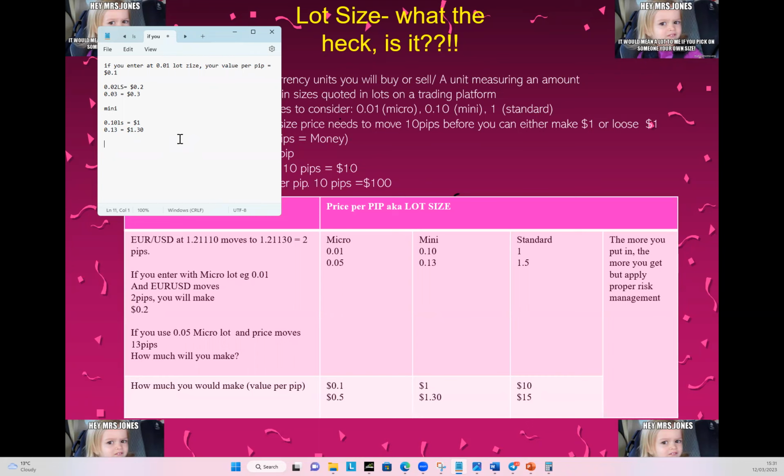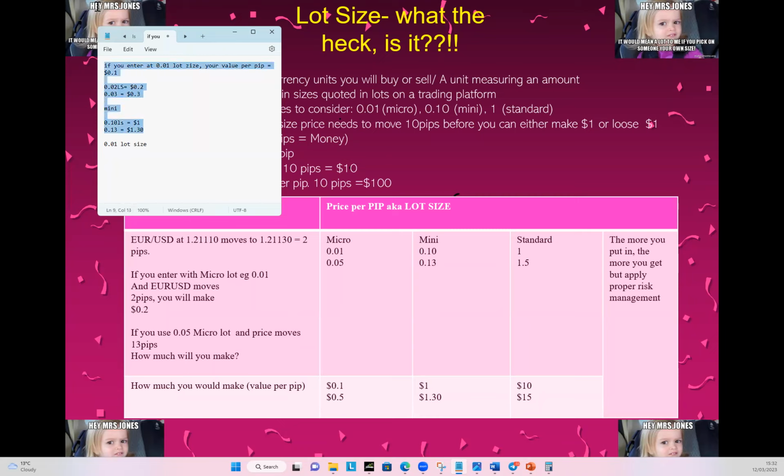If you use, for example, 0.05 micro lots and price moves 13 pips, how much will you make? So 13 times 5. Just take your time, I'll give you 30 seconds. 65.